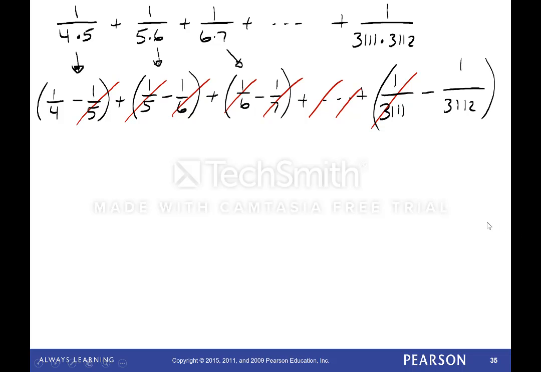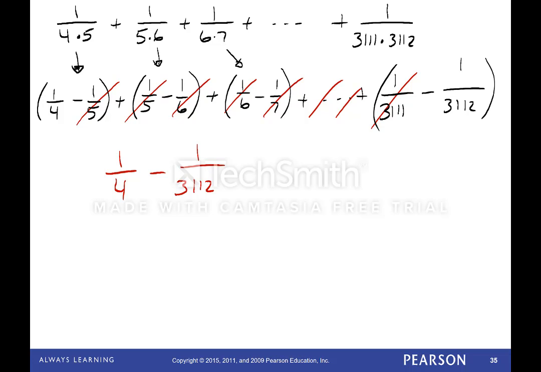So instead of having a humongous long thing to add together, getting common denominators, by pattern this really is just 1/4 minus, the first term minus the last term.